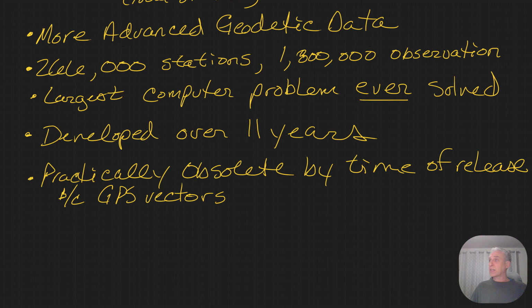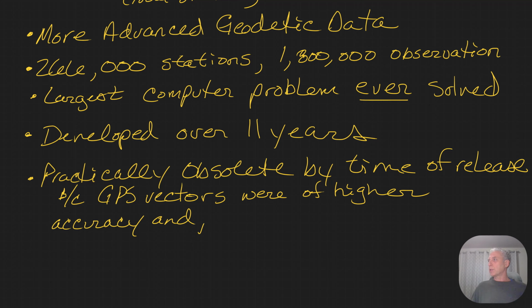But GPS vectors were of higher accuracy and precision than the computed control positions.